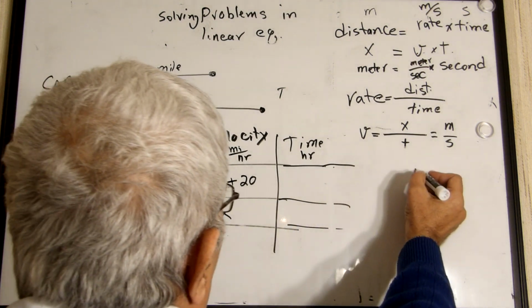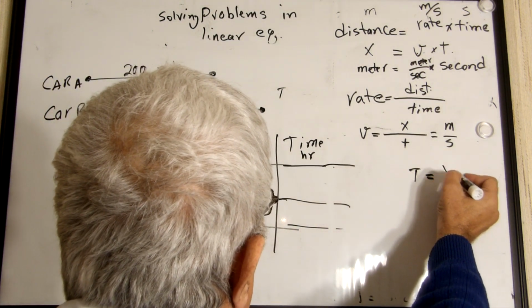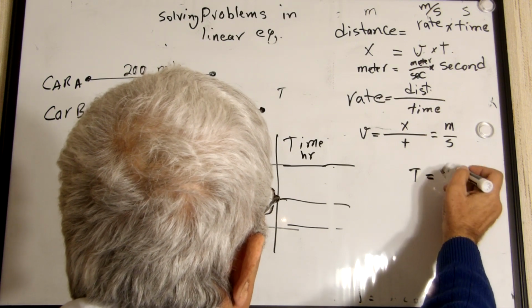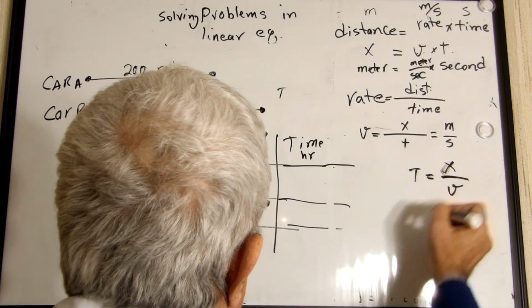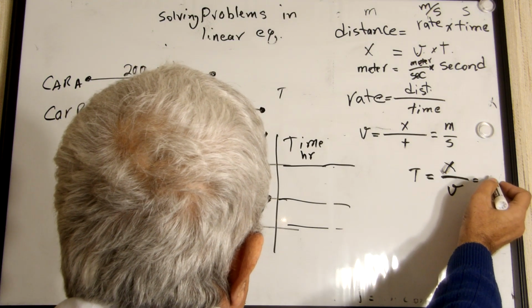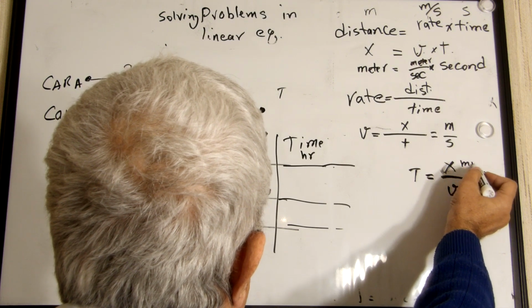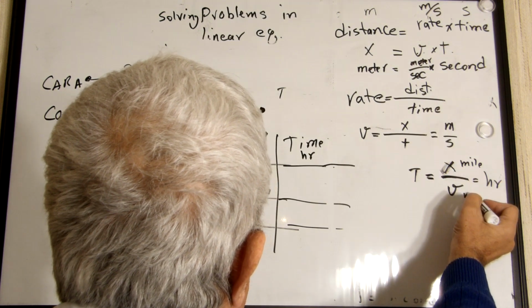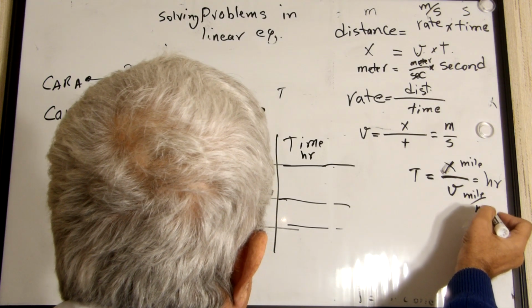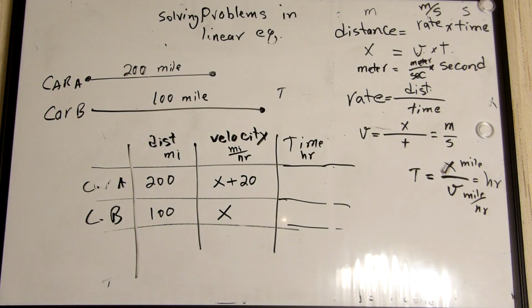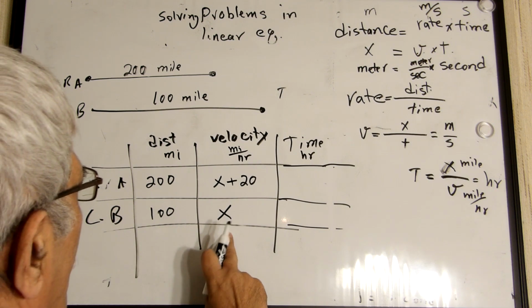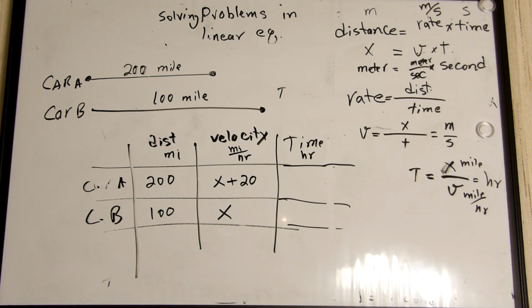So the time is distance divided by velocity. This is miles, and this is miles per hour. If they reach the point at the same time, we are going to find out what the velocity was.